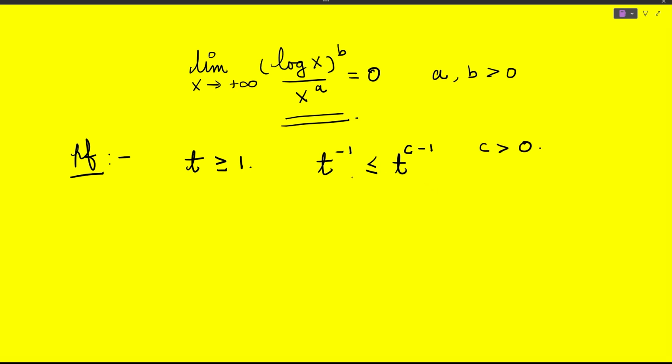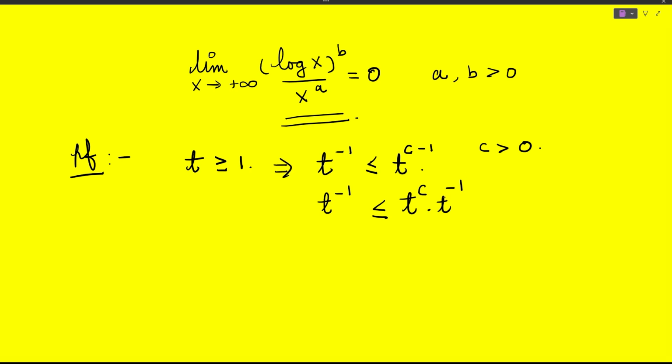This definitely holds, because when you choose t bigger than or equal to 1, t^c multiplied by t^(-1) is t^(-1) multiplied by some positive number t^c. So you definitely have the greater than or equal to sign, because you're multiplying by a positive number. So this is true, and this implies this.